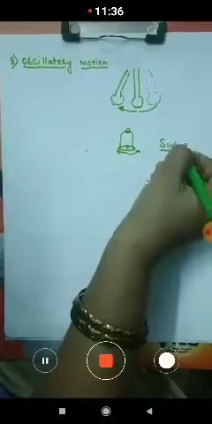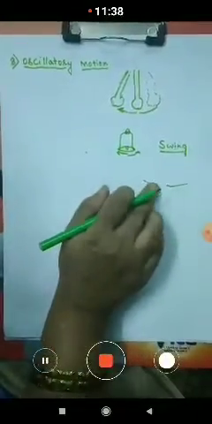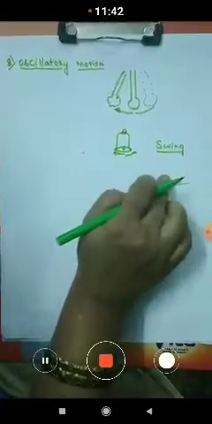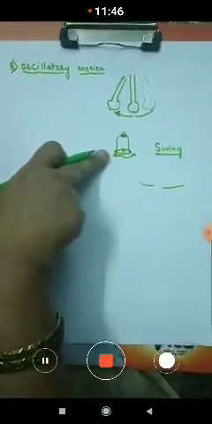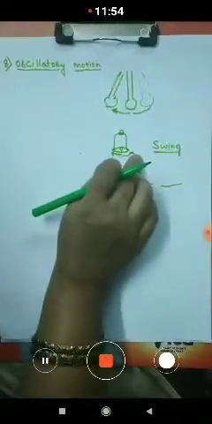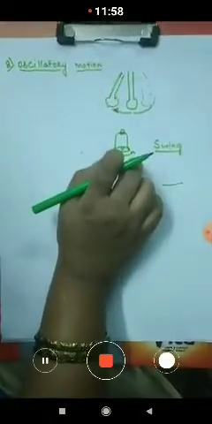So here is a child moving on a swing, the ringing of a temple bell, and the swinging pendulum of a clock. These are the three examples for oscillatory motion.